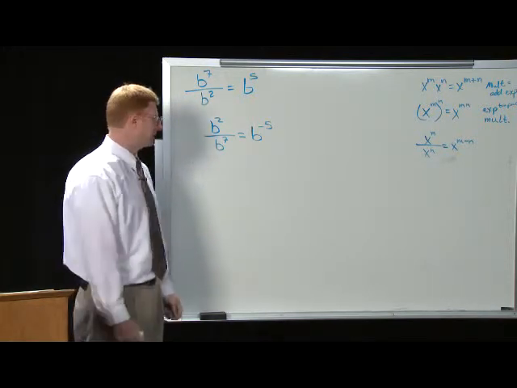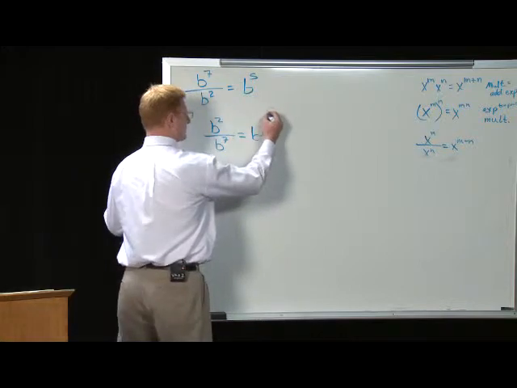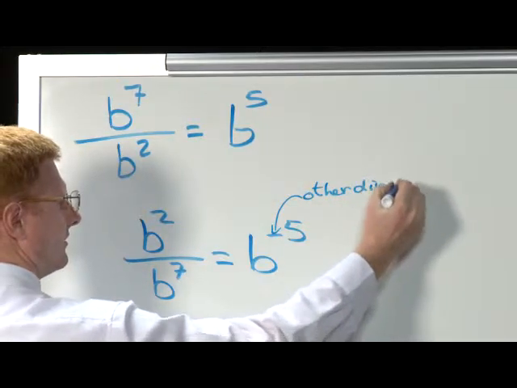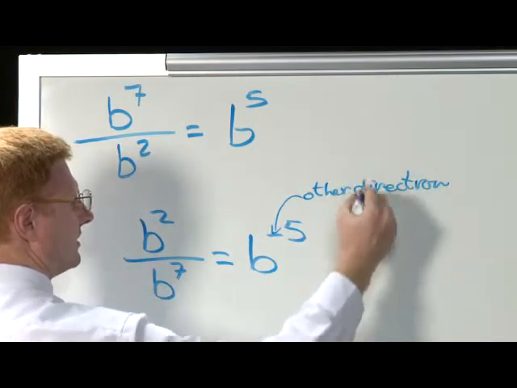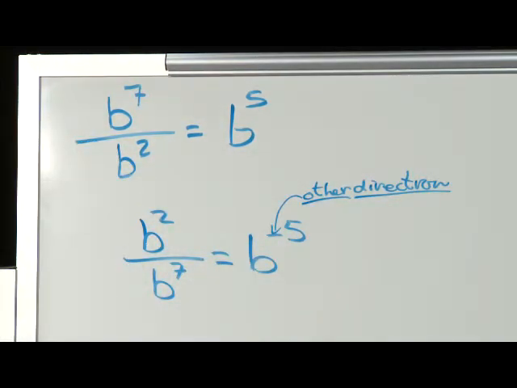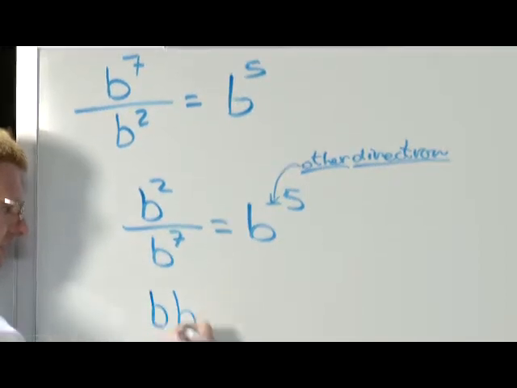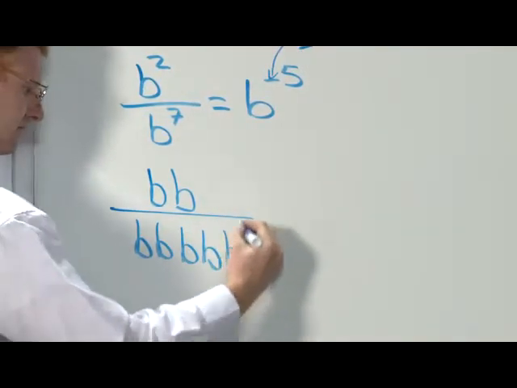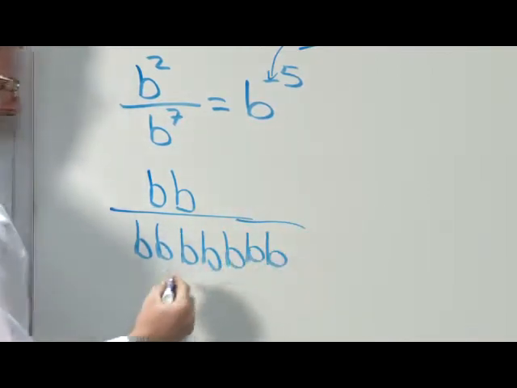It's a good point, but let's recall what this negative means. Other direction. What is the other direction when it comes to multiplication? The other direction is division, and that's exactly what happens. Let's look at this in slow motion. You have b squared on top, and that on the bottom.